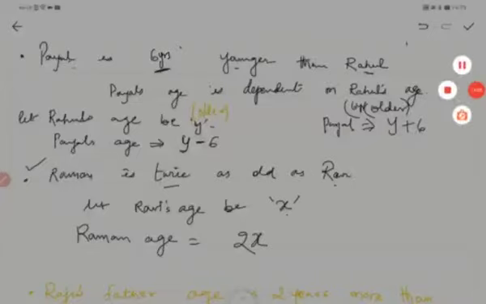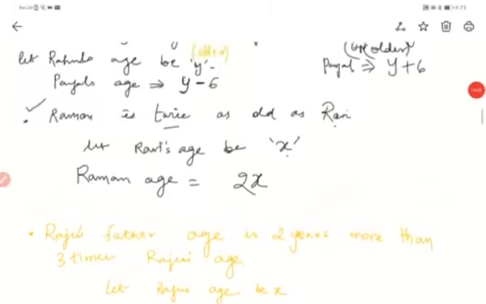Alright, so Raman's age is twice as old as Ravi. If I say Raman's age is double that of Ravi's age, double is also twice, right? Double of Ravi will be 2 times Ravi's age.